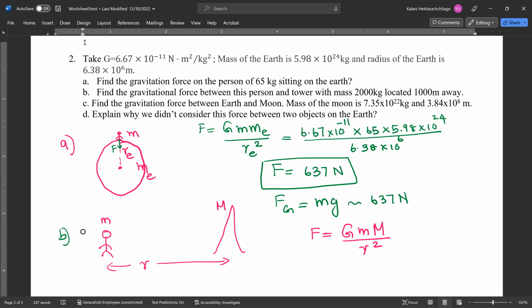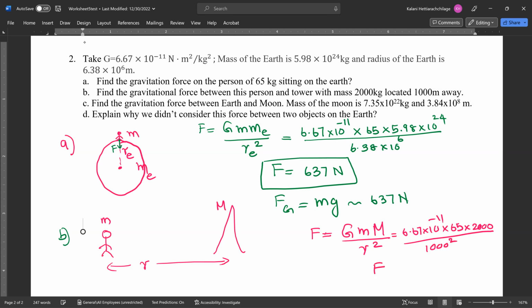So now you have all the information. Plug it in here: 6.67 times 10 to the negative 11, times the mass of the person, 65, times the mass of the tower, 2000 kilograms, divided by the distance R, 1000, to the power 2.